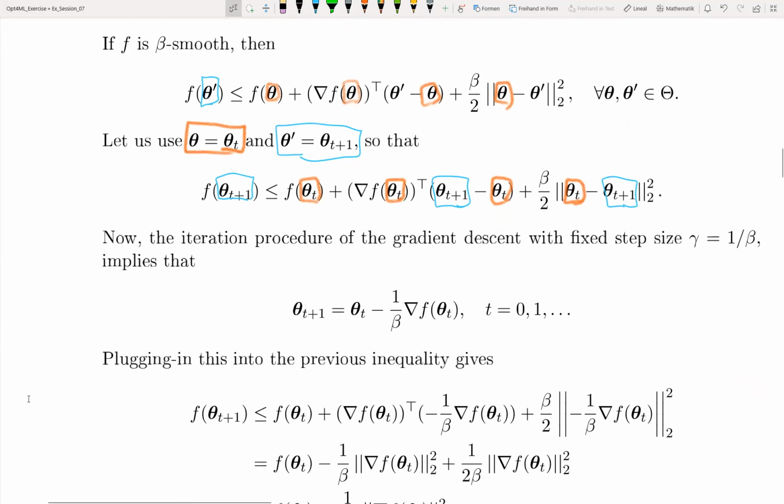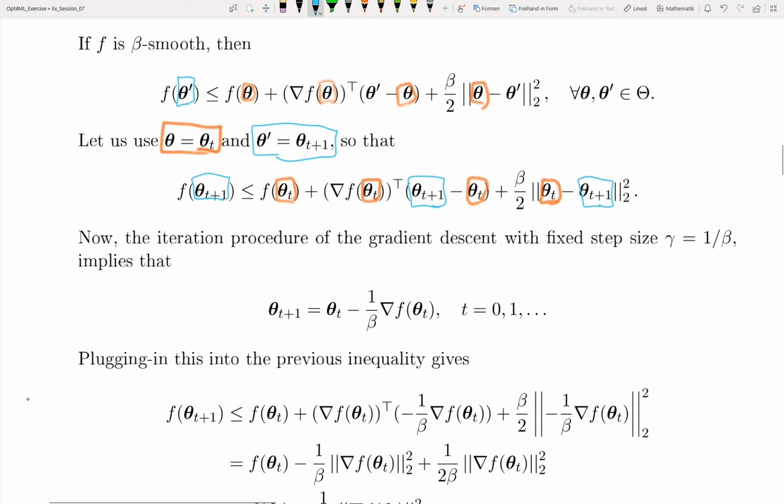So far, so good. What can we say more about this resulting inequality which we get from beta smoothness? Well, there's a relationship between subsequent thetas for gradient descent, and you know it by heart right now. The next iteration is given by the previous iteration minus the gradient evaluated at the current iteration with step size gamma.